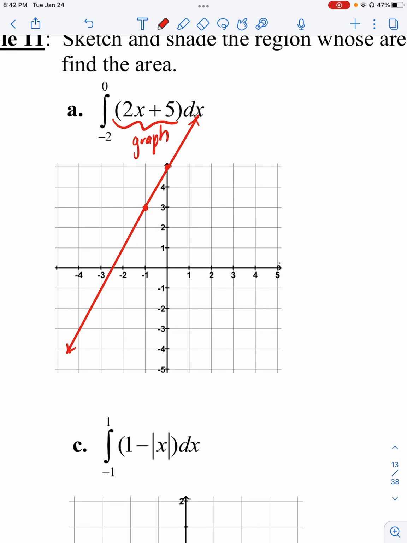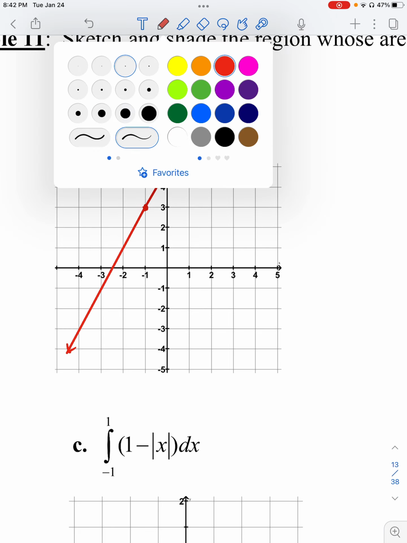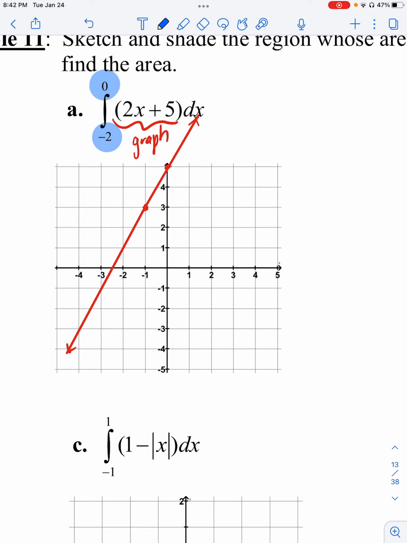Graph that function, and then plot these two x values, -2 and 0. Literally just draw vertical lines from those two values up to the function, and then shade that little triangle thingy that gets drawn.